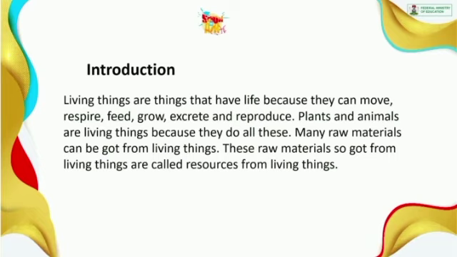Another attribute that plants and animals, that is living things, can do is that they can respire. Respiration is the breaking down of food substances into smaller ones in order to produce energy. So plants and animals respire. So that is, plants and animals take in food and they break them down to make energy.